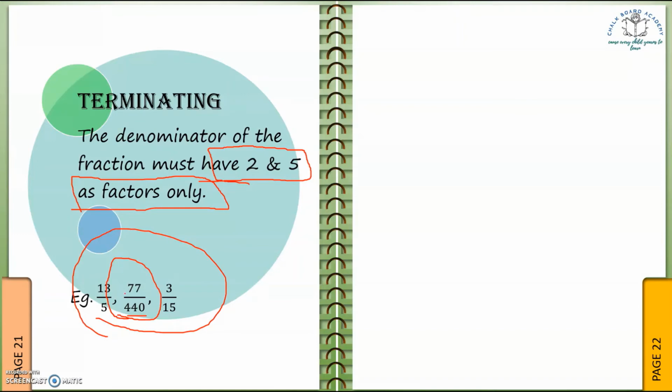So after simplifying it, we will get only multiples of 2 and 5 in the denominator. So this number is also terminating. Then we have the third example here, 3 by 50. Here also there is another number other than 2 and 5, which is 3, but 3 is cancelled out by the numerator. So again this is terminating.